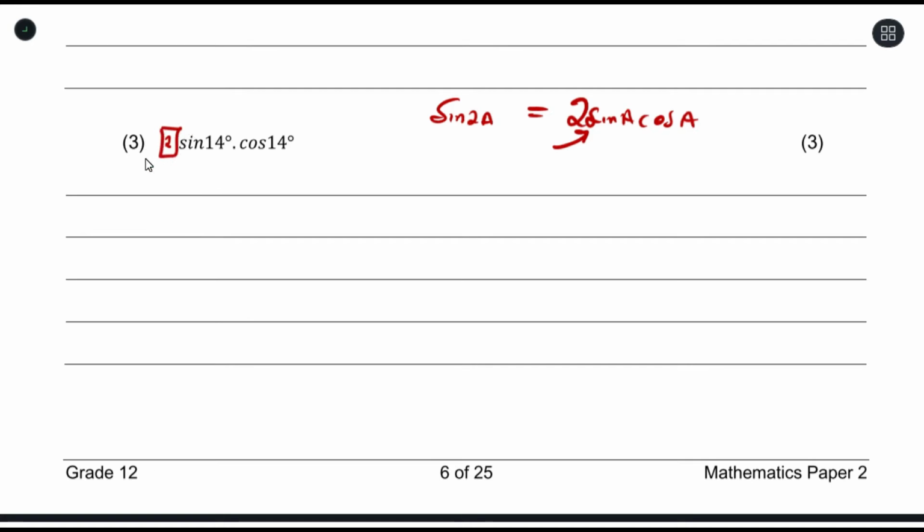So this here can be written as half times 2 sine 14 cos 14. Now this is a sine double angle identity, and this would give you sine 28.